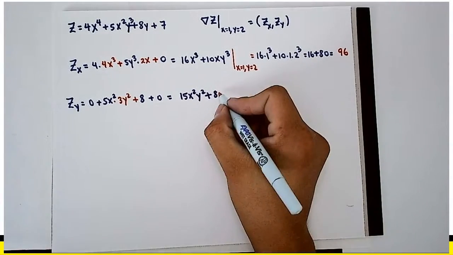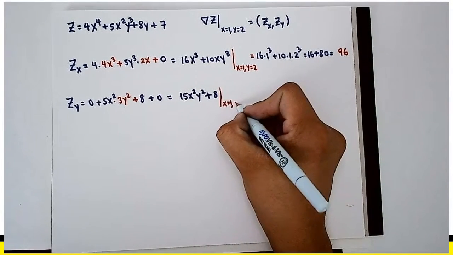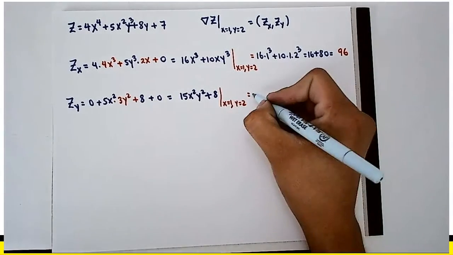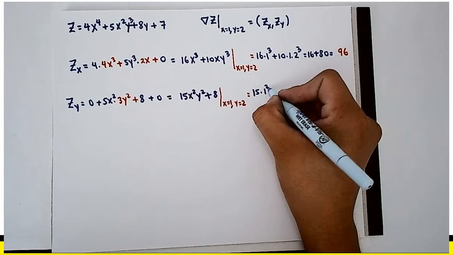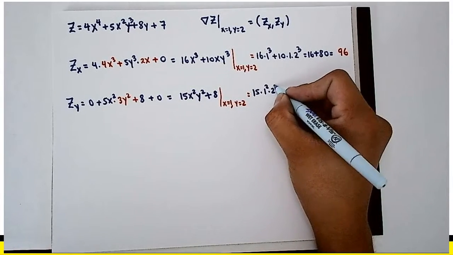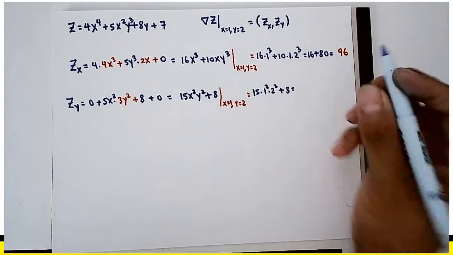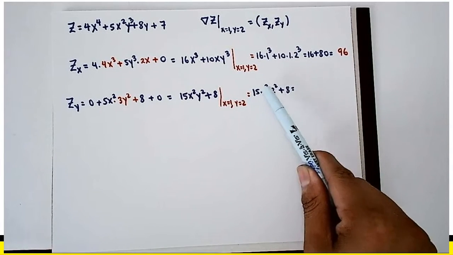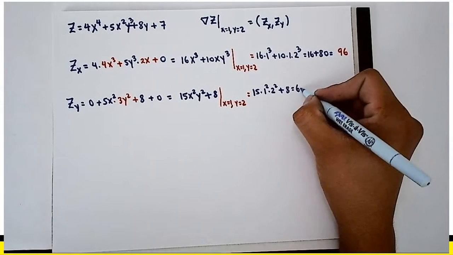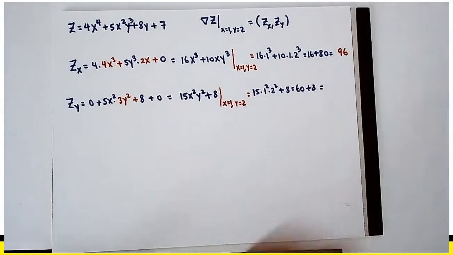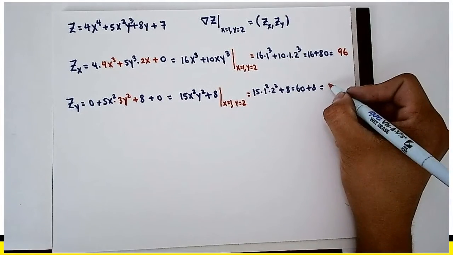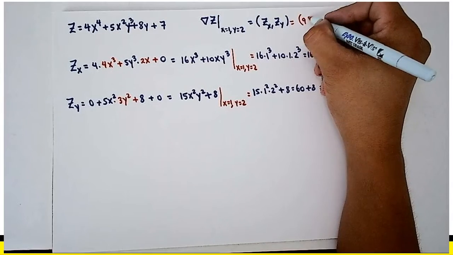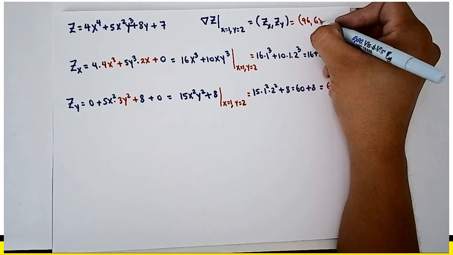And then we just replace x equals 1, y equals 2. This is 15 times 1 squared times 2 squared plus 8. 2 squared is 4 times 15 times 1 squared is 60 plus 8. Then this means that this is 68. So our gradient is (96, 68).